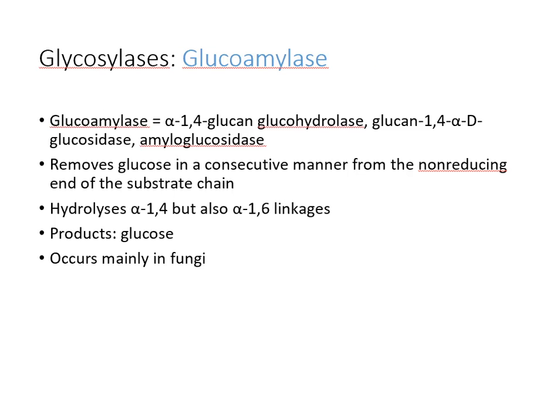We also have glucoamylase enzyme. It hydrolyzes alpha-1,4 and 1,6 linkages and produces glucose. So it removes glucose in a consecutive manner from the non-reducing end of the substrate chain.